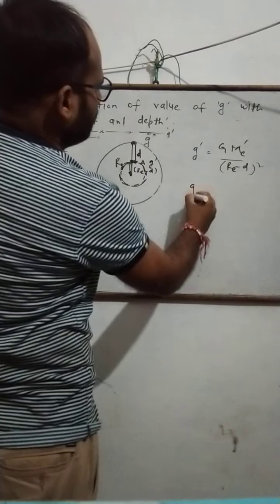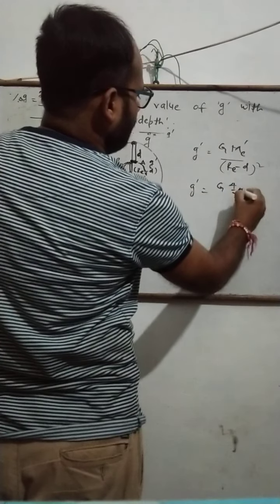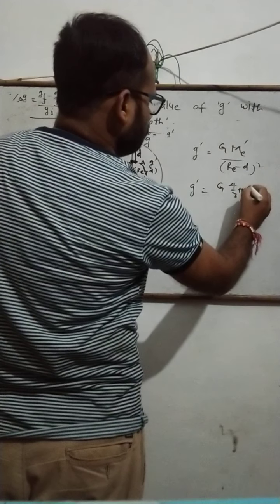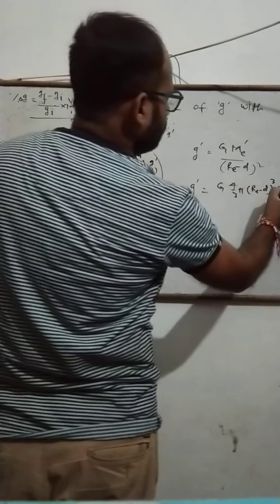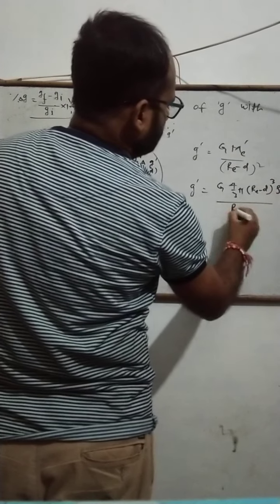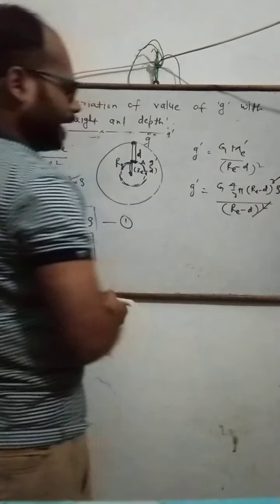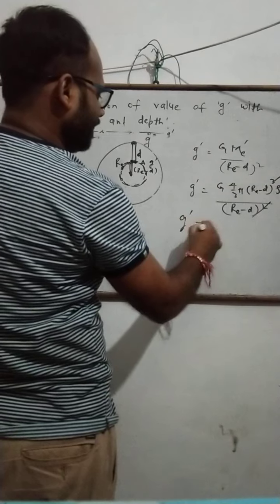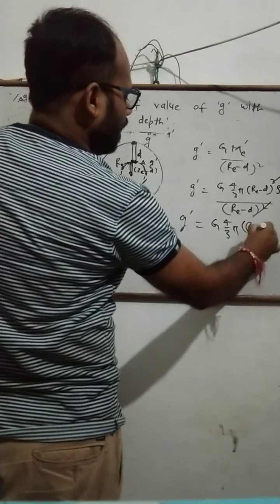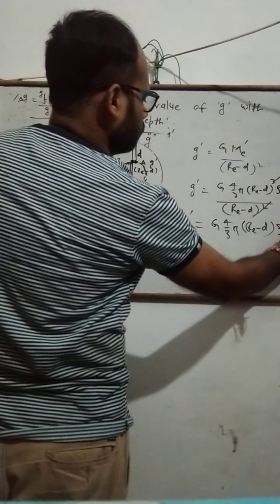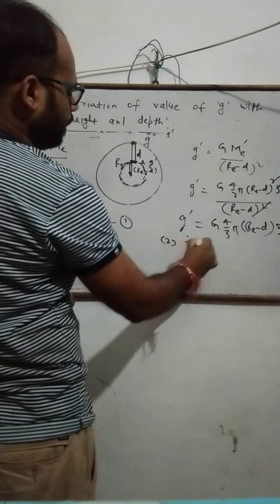Here g dash will be equal to G into 4 by 3 pi into (RE minus d) the whole cube into rho by (RE minus d) the whole square. This will be cancelled out, so you will get only G 4 by 3 pi (RE minus d) into rho, equation number 2. Now divide equation number 2 by 1.